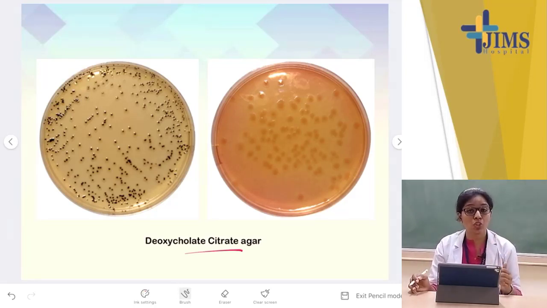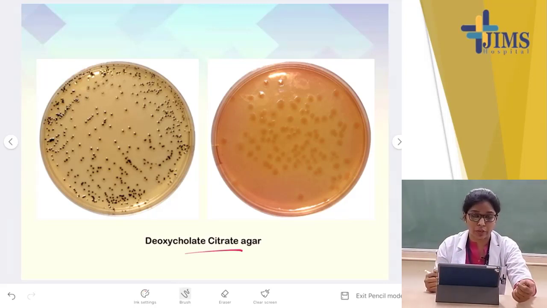Besides being a differential medium, it's also selective because it allows the growth of specific enteric pathogens, namely Salmonella and Shigella. Deoxycholate salt and citrate will not allow the growth of gram-positive organisms, and the normal commensals present in our intestine will also not grow.